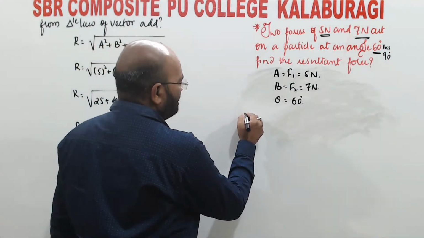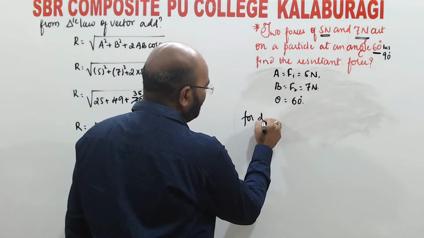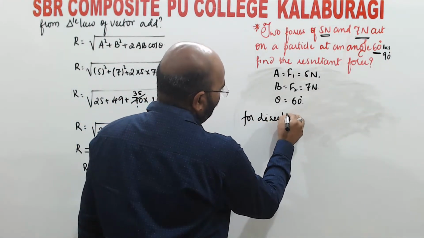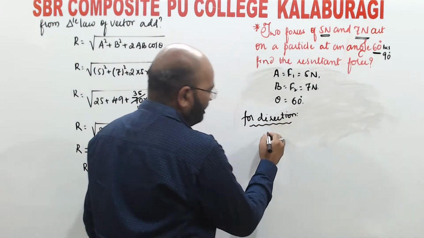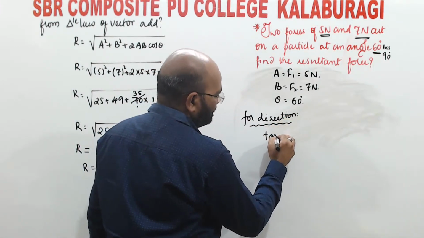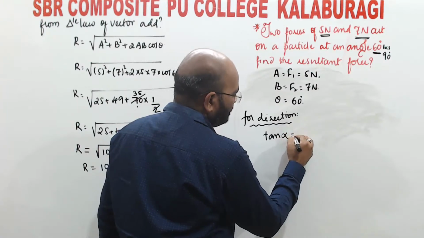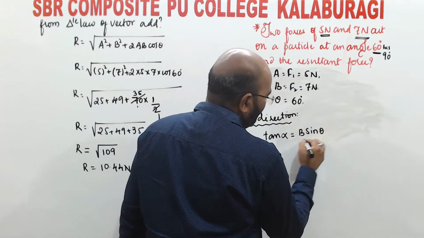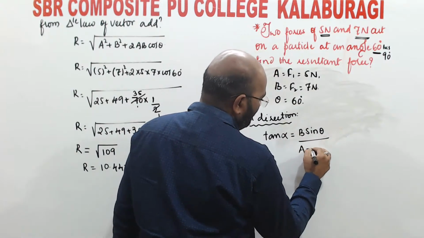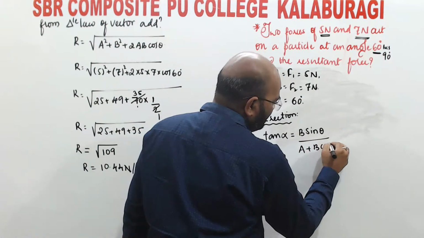For direction, we know that tan alpha is equal to B sine theta divided by A plus B cos theta.